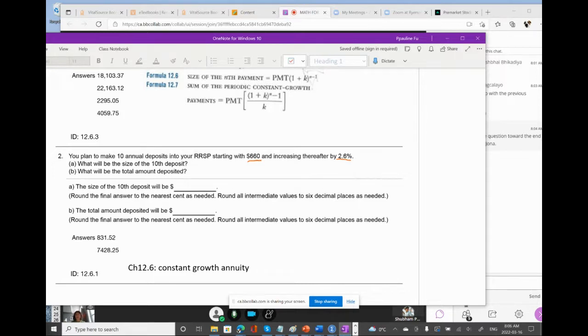Let's analyze this part first, then I will introduce the formula. Let's just analyze what is given.